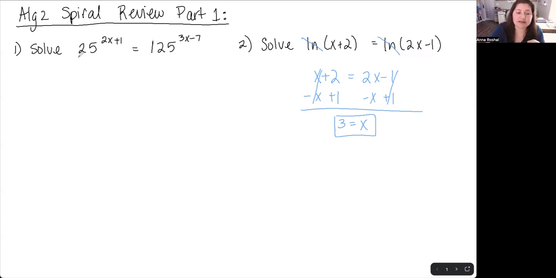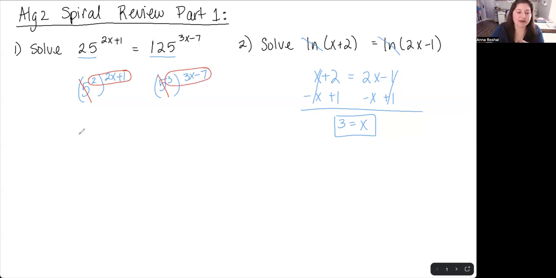In this particular case, because I have 2 different bases, I want to find the same base. So I know 25 is 5 to the second, and 125 is 5 to the third. So I can take this 5 to the second and get 2x plus 1 as an exponent, and 5 to the third and get this 3x minus 7. I now know that I have 5 and 5, which is exactly the same, so I can disregard those. But then my exponents get multiplied, right?